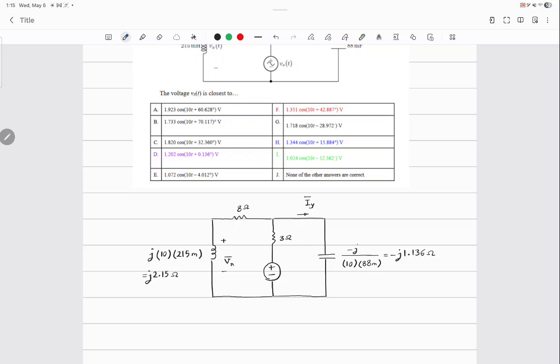If you write two equations for the mesh analysis, you will end up with a system of two equations and two unknowns. Do you agree with that? Your calculator cannot do a system of equations with complex numbers.